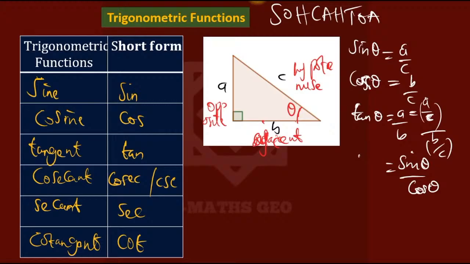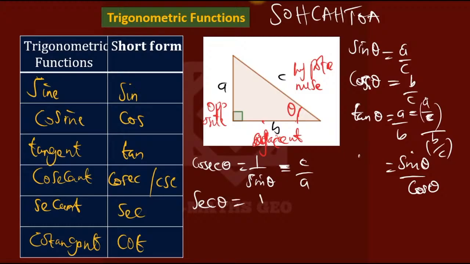We'll continue. The remaining 3 are reciprocal identities. We have cosec theta. Cosec is 1 over sine, which is C over A. We have secant theta.